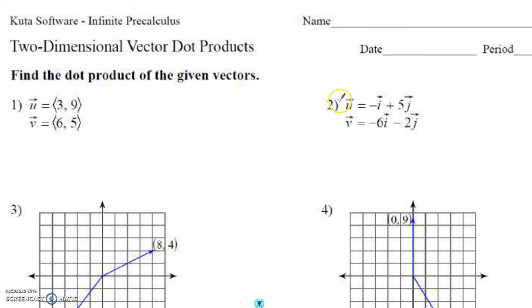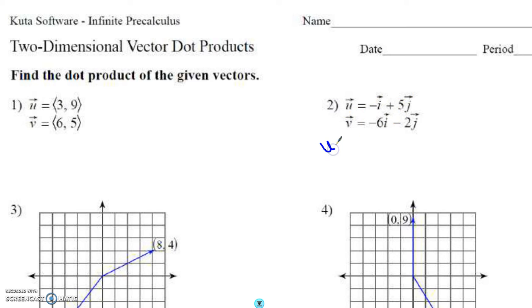Alrighty. So first we're just finding a dot product. Doesn't matter what form they give us. Remember, this IJ form is the same thing as this component form. So we're just going to do the x's times the x's. So that's a -1.